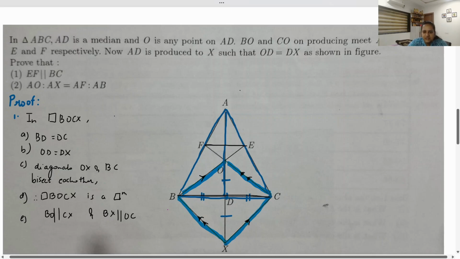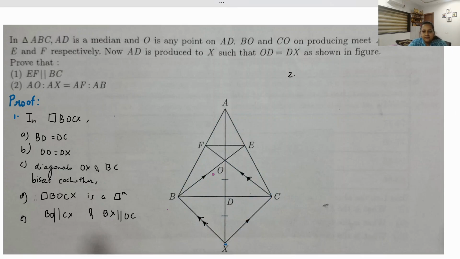Now, for the second part, which triangle are we going to consider? We know that OB is parallel to CX. Right? So, can we say that BE is parallel to CX?